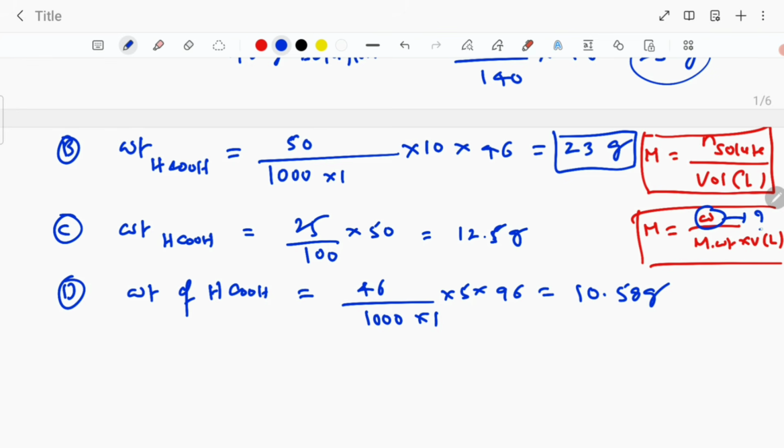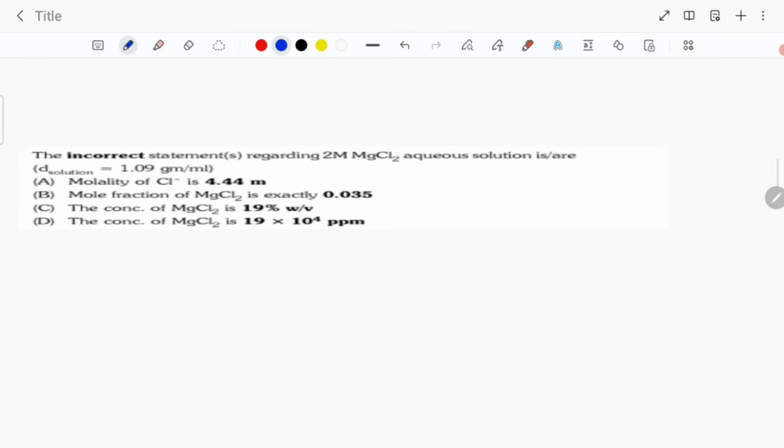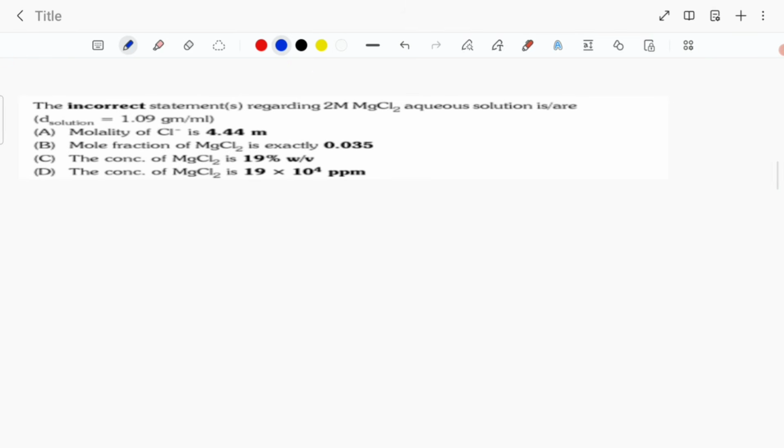Next question. Incorrect statements regarding 2 molar MgCl2 solution. See here, how molality of Cl minus they mention.